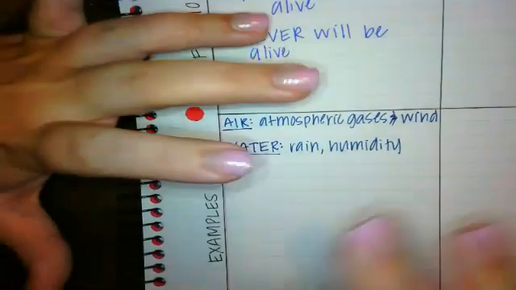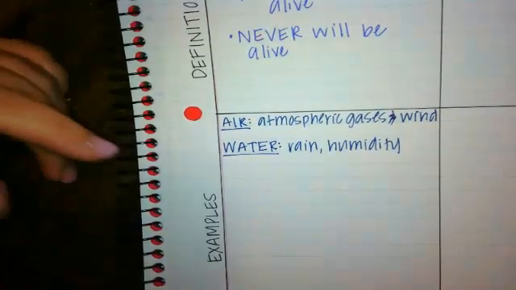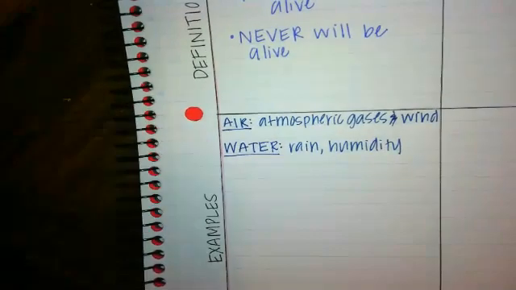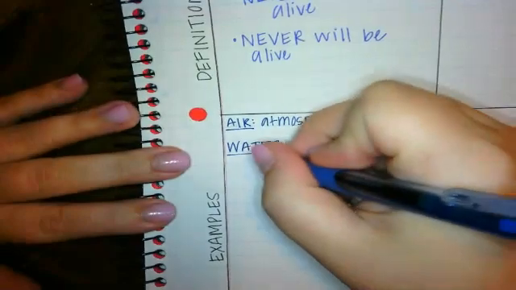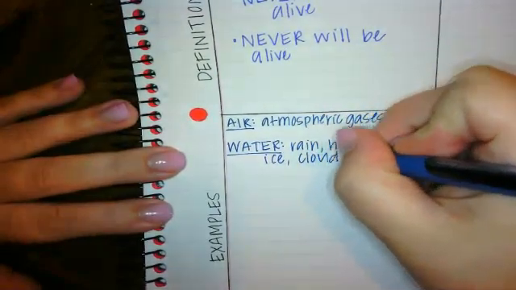Humidity is like moisture in the air. I know for me, I have naturally curly hair. So when it's a really humid day outside, my hair goes from normal and calm looking to full on crazy poodle lady looking. So humidity, ice, clouds. We know that clouds hold water vapor.